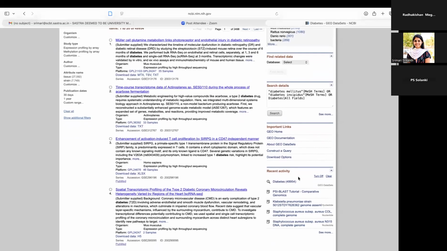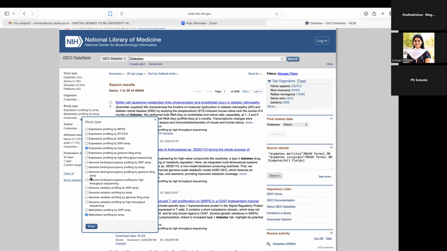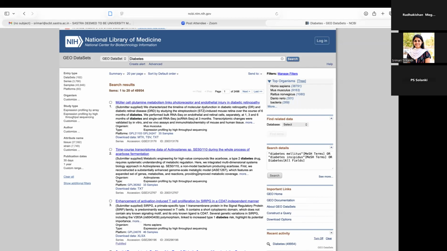This is the external link to GEO home. On that side, we can see the entry type as datasets, series, and platforms. These are related to the experiment type, and study type is expression profiling by array or methylation profiling. We can choose either expression profiling by array or expression profiling by high throughput sequencing, which is for RNA-seq data.